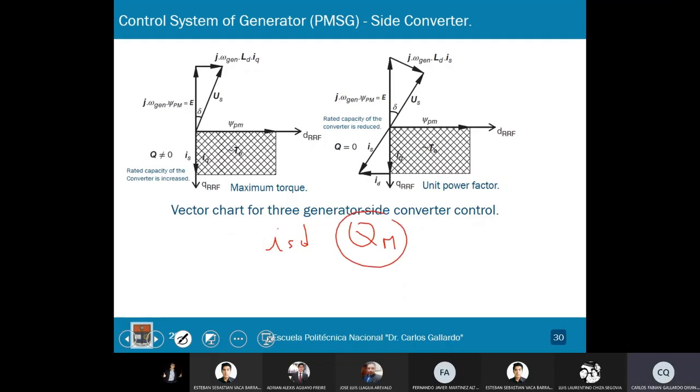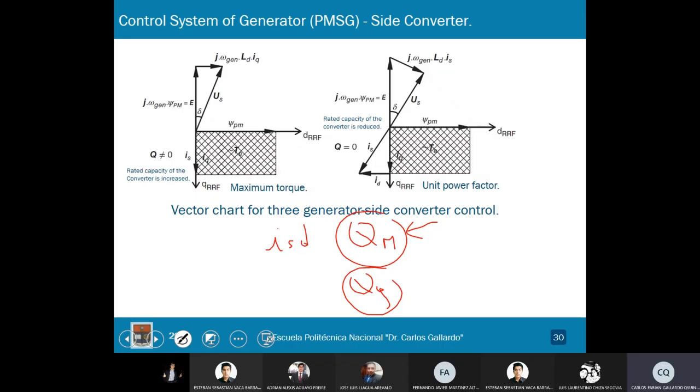The reactive power of the machine is not necessarily related to the reactive power exchange with the grid, between the wind turbine and the grid. This is a different reactive power. This is the reactive power for the machine, and this is the reactive power for the grid, exchanged between the wind turbine and the power grid.